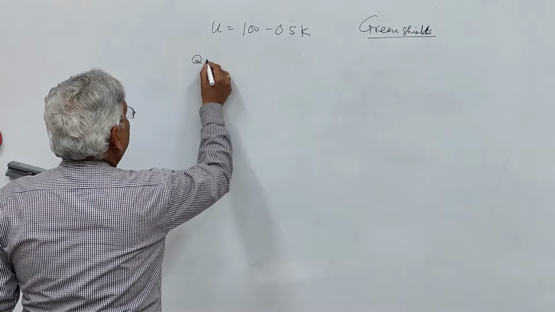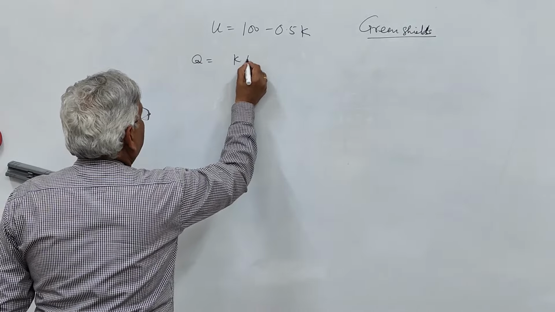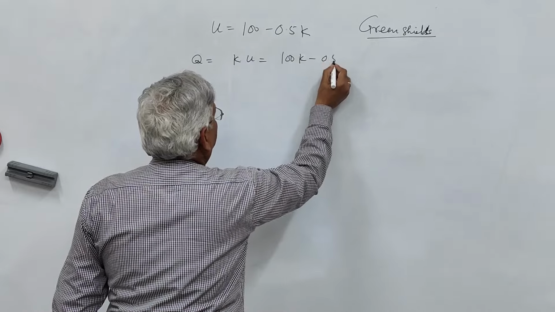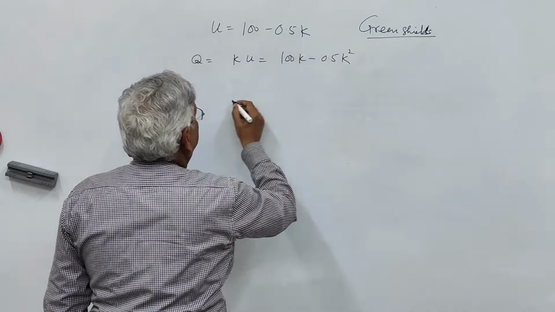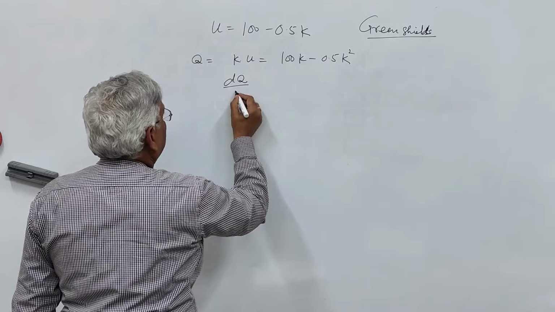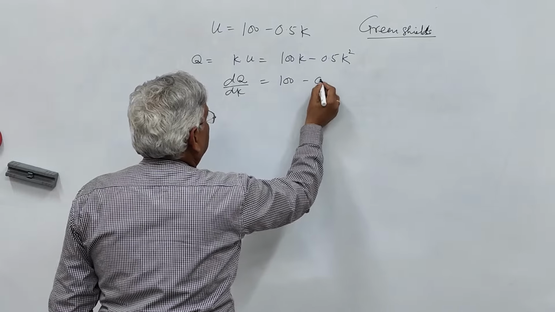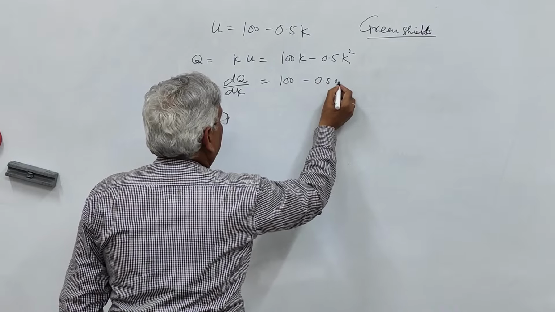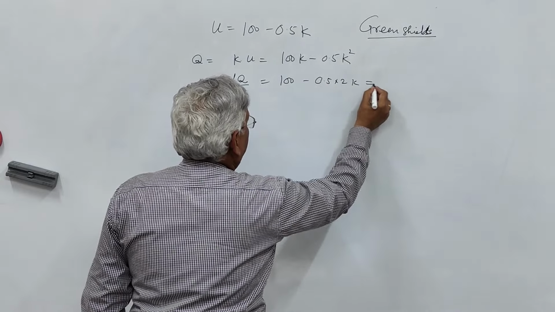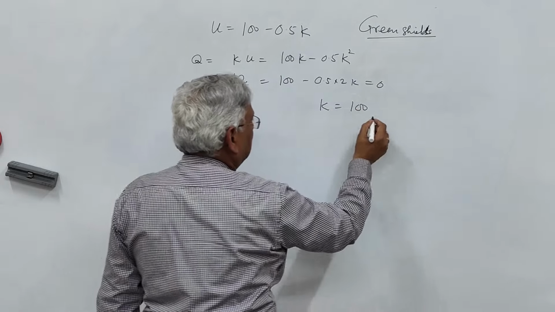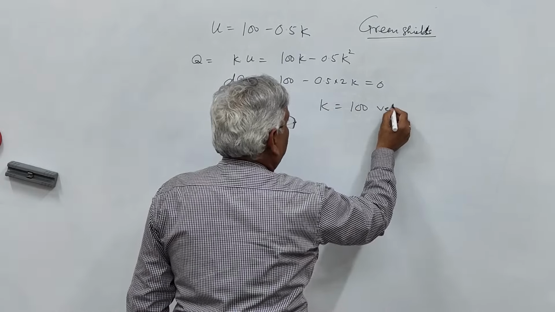Alternatively, you can say that Q is K into U, or 100 K minus 0.5 K square. Differentiate it with respect to K. So this is 100 minus 0.5 into 2K. Put it equal to 0. So you get K is 100, 100 vehicles per kilometer.